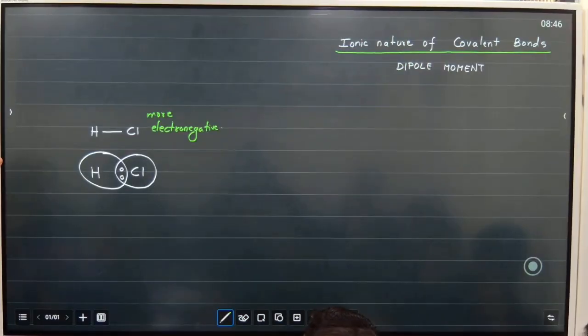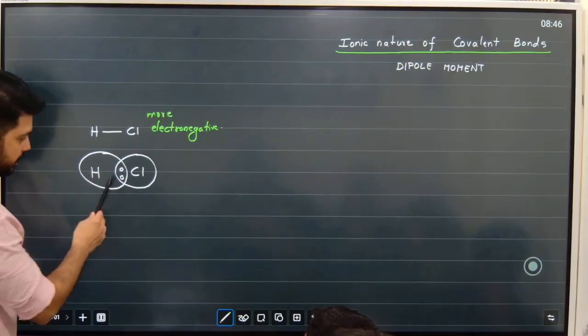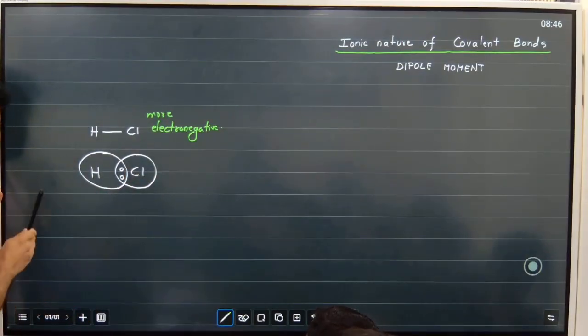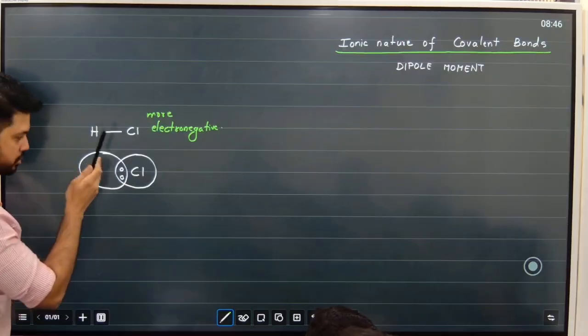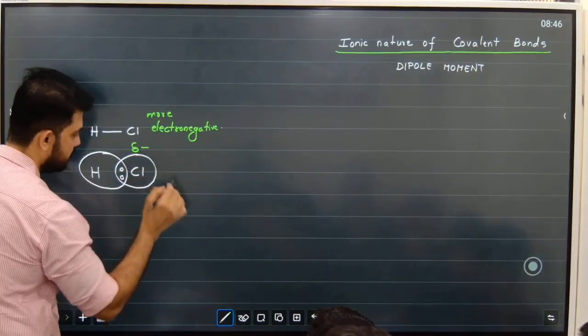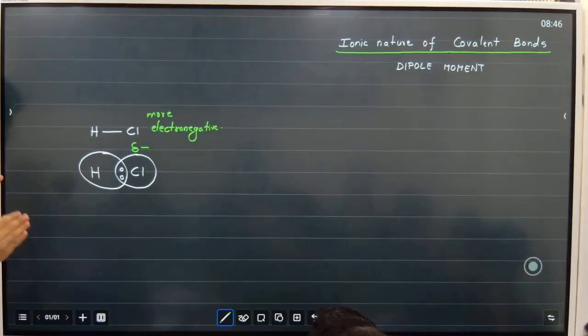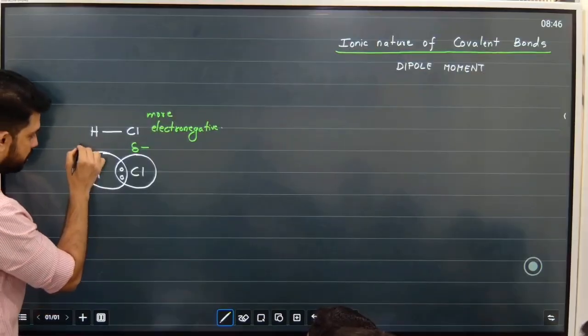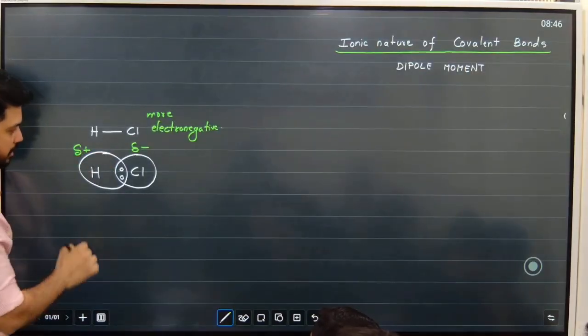We did some of this in the periodic table. So the shared electron pair is closer to chlorine compared to hydrogen. Now since it is closer to chlorine, chlorine develops a partial negative charge, and a charge of equal magnitude but positive is developed on hydrogen.